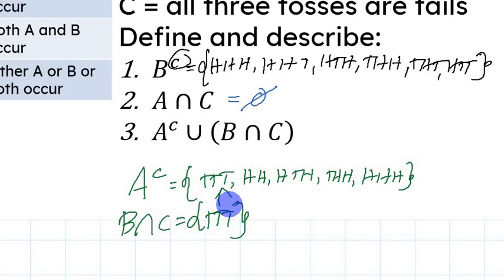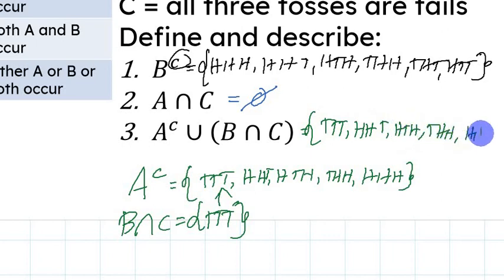Therefore, A complement union B intersection C is simply A complement, which has the set T, T, T; H, H, T; H, T, H; T, H, H; and H, H, H. In other words, this set can be described as the set of outcomes wherein it's not just one head that occurs.